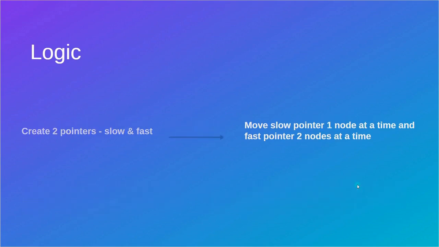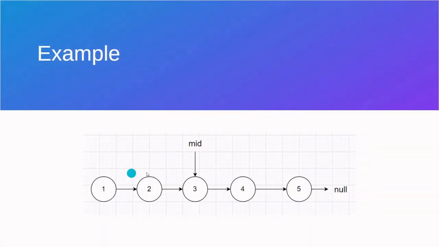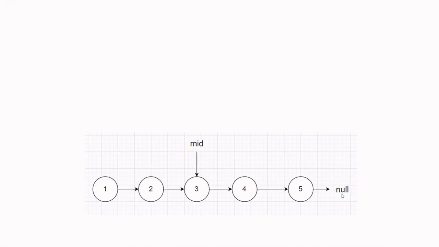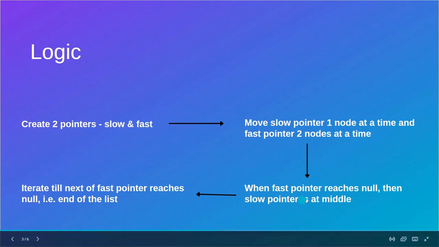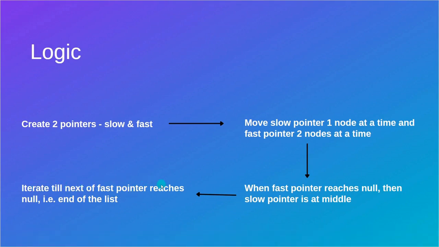When fast pointer reaches null, then slow pointer is going to be at the middle. So we are going to iterate till next of fast pointer reaches null, that is the end of the list.